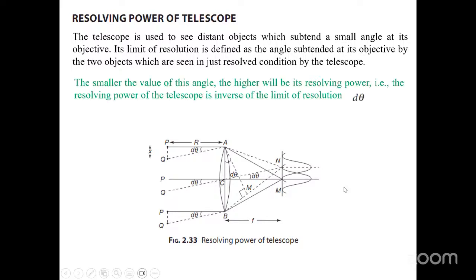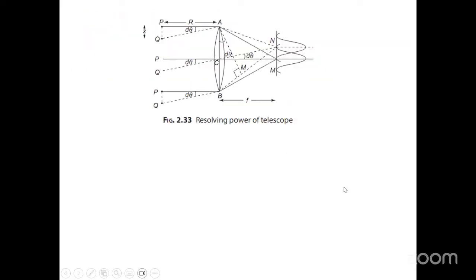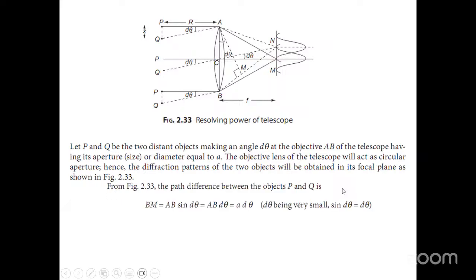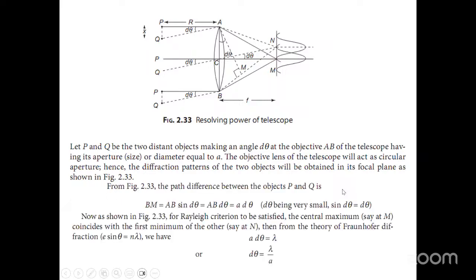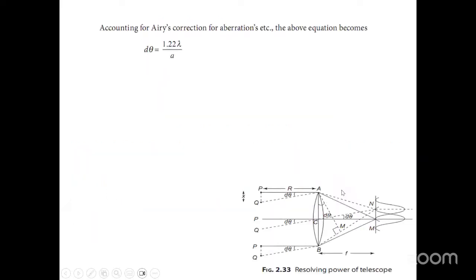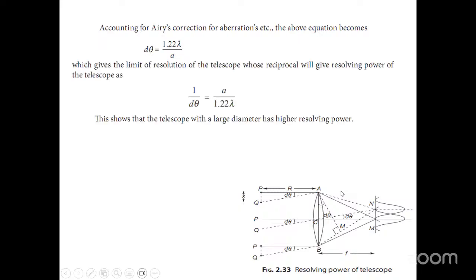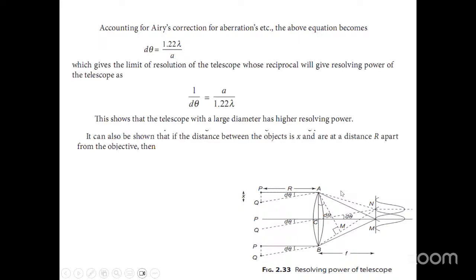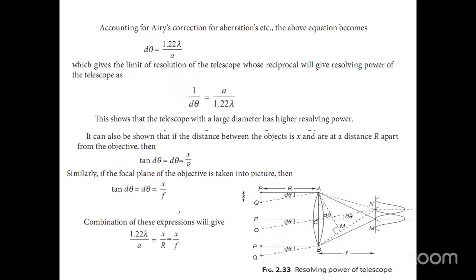So the resolving power of a telescope, by using this condition, by fulfilling this, you can find out the equation for that. Here, 1.22 lambda by A equals x by f.